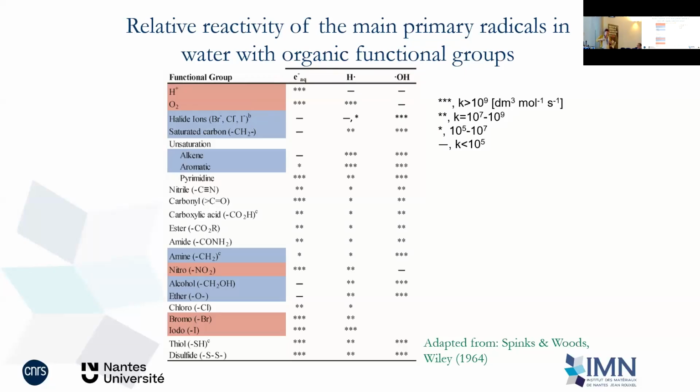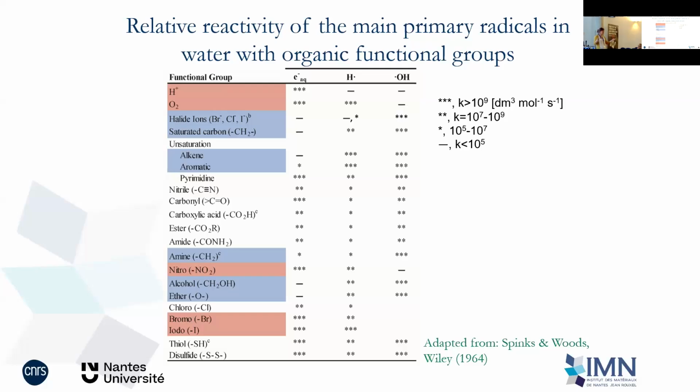If instead of having water, you add some of these things, then you're going to have a certain reactivity with them. For instance, you can add a nitro group, and this is going to react really effectively with the aqueous electron and also quite a lot with the hydrogen atom, and it's going to leave your OH alone. So what do you think is going to happen if you do that?